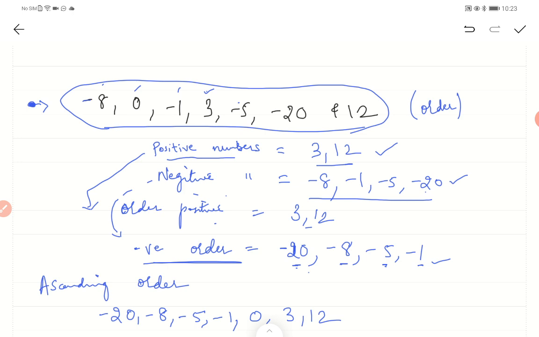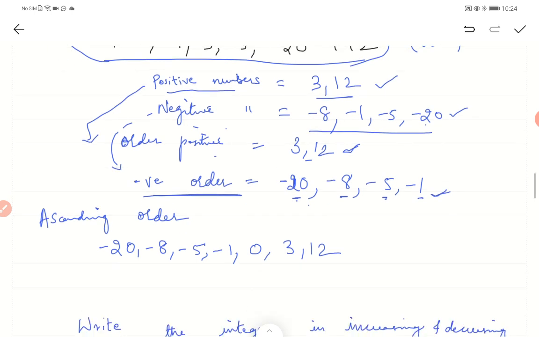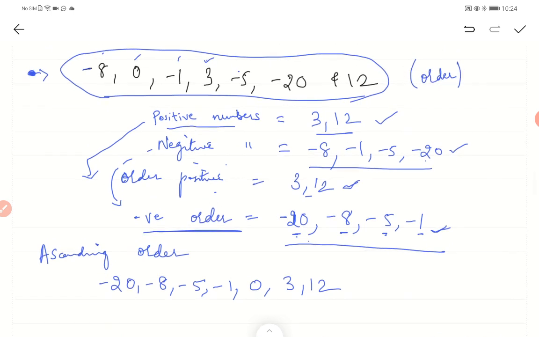Order the positive numbers in ascending order, and then order the negative numbers in ascending order. Then combine them together. First you will write your negative numbers, because they are smaller, and you have 0, so 0 will come between your negative numbers and positive numbers. After that, you will place your positive numbers in order, that is 3, 12.